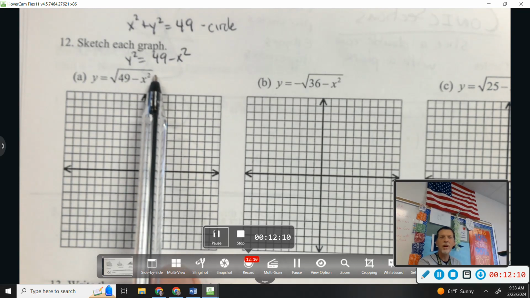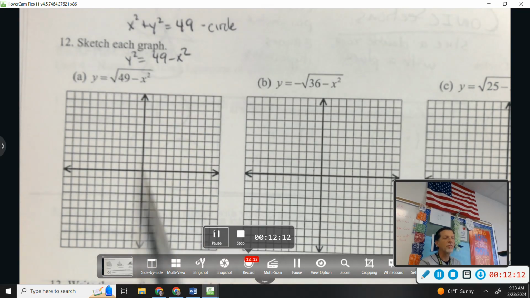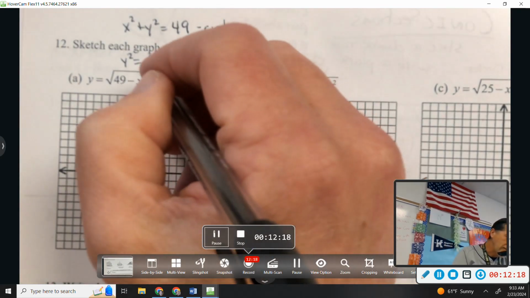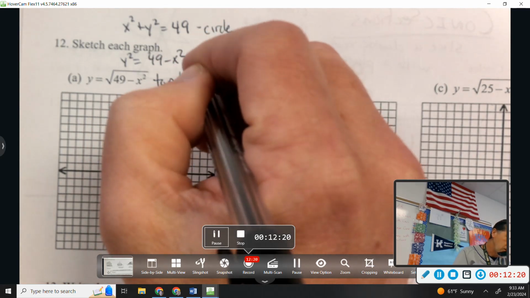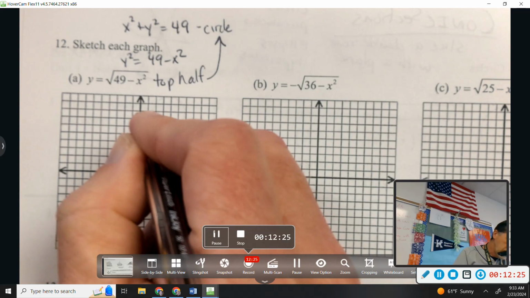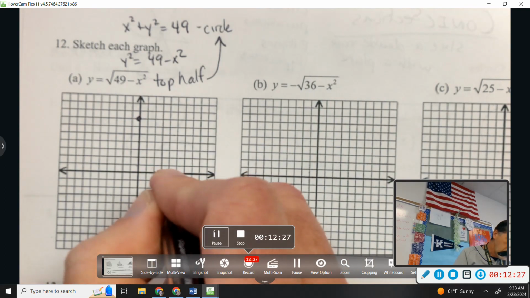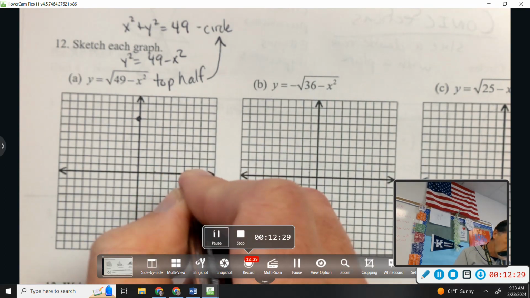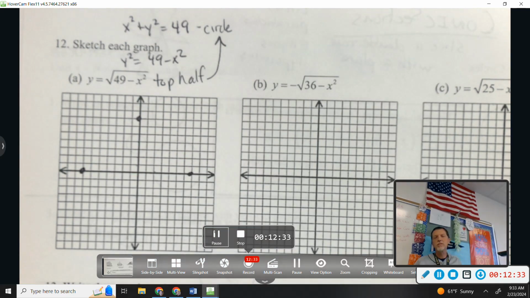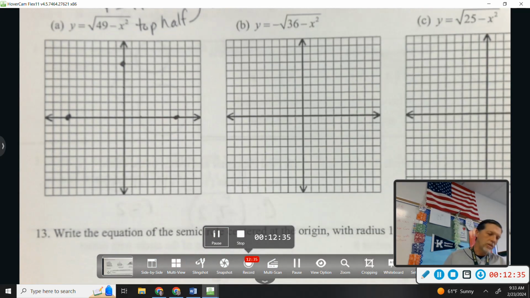Put the plus or minus on, and for this graph, the plus would make the top half, the minus would make the bottom half. So when we see this, this is the top half of the circle, because it's the plus half of the circle.